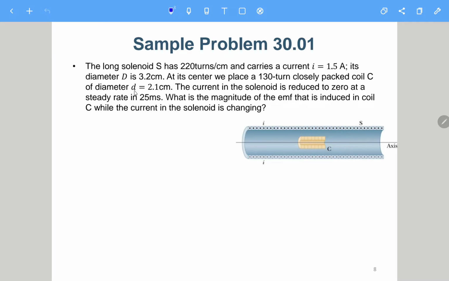The diameter for this one is 3.2 centimeters, and this one is smaller. The diameter is only 2.1 centimeters.